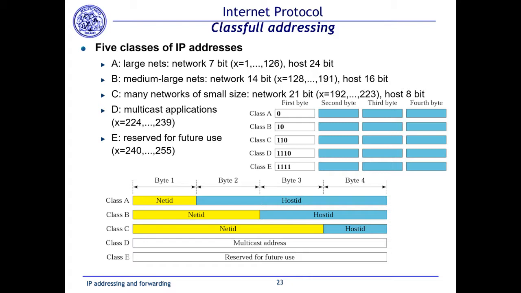The first byte goes from 192 to 223. Then there were 2 other classes that were defined. One is reserved for multicast addresses with code 1110, and the last one was left for future usage.